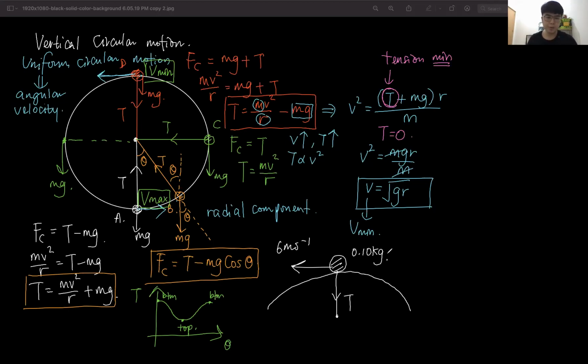So which equation do I use? At the top of the circle, the tension and mg both point toward the center, so T plus mg equals the centripetal force. So T equals mv squared over r minus mg.